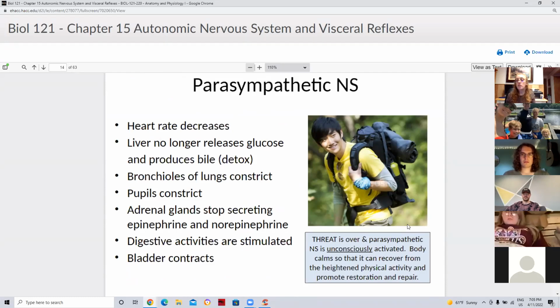It starts to produce bile in order to detox and to store lipids. Bronchioles of the lungs constrict because you don't need that increased airflow anymore. Pupils constrict because you don't need as much light. You want sharper images. Adrenal glands stop secreting epinephrine and norepinephrine. Digestive activities are stimulated and the bladder contracts.